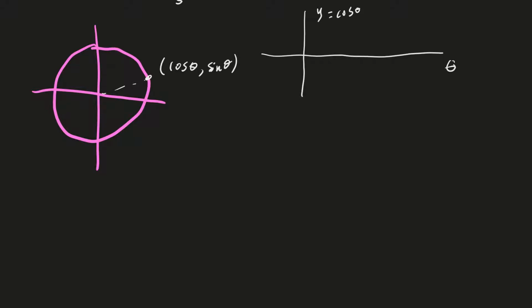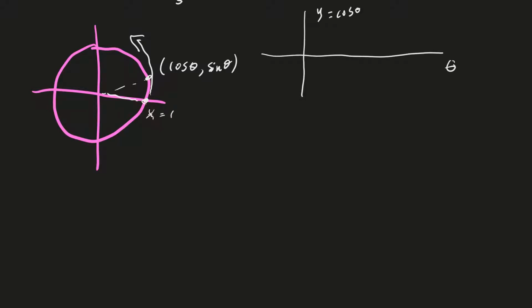Okay, and so from our graph here, remember that the cosine is the x-coordinate. So if we start here at theta equals 0, then our cosine value is 1, that's x equals 1. And then what does the x-coordinate do as you rotate counterclockwise on the circle?